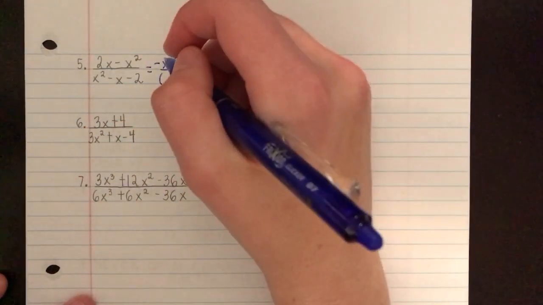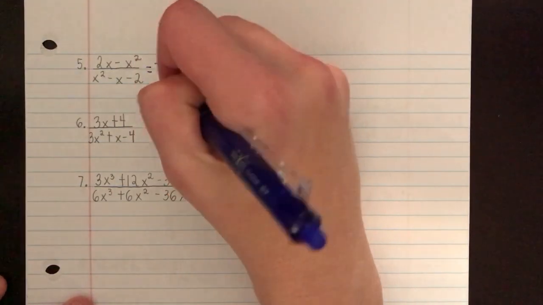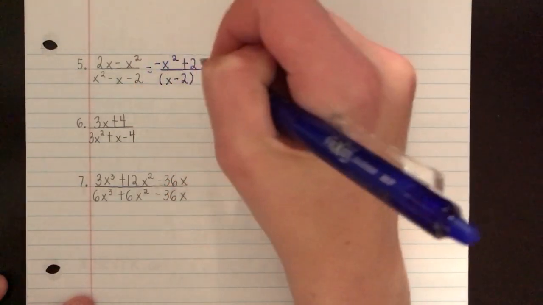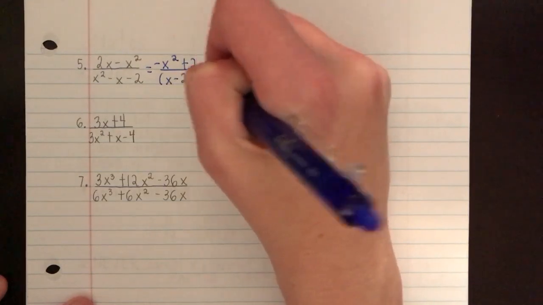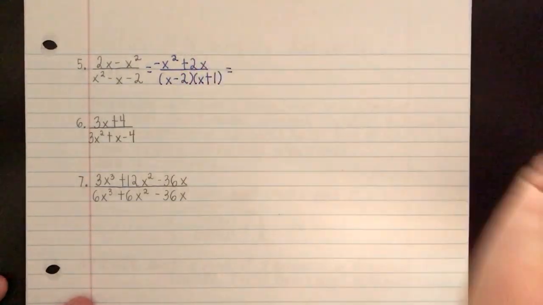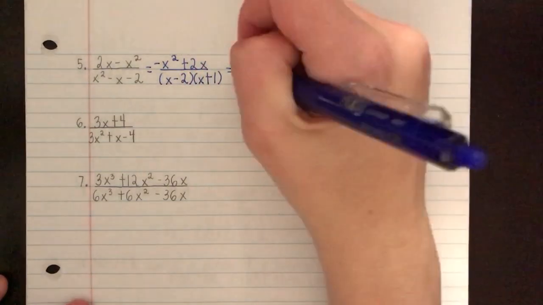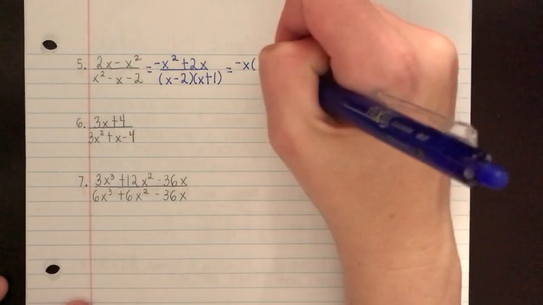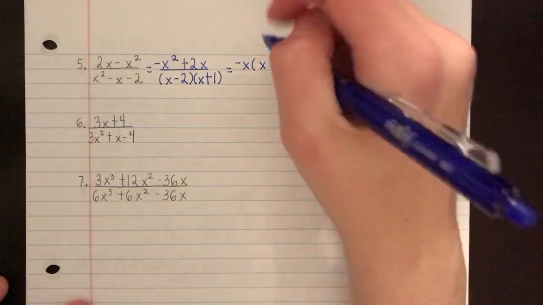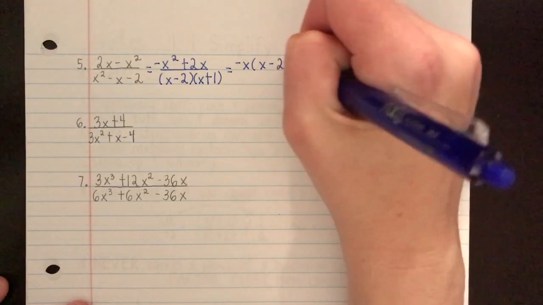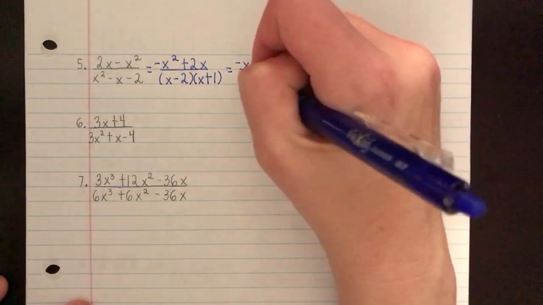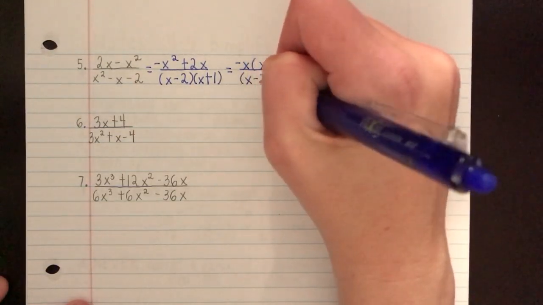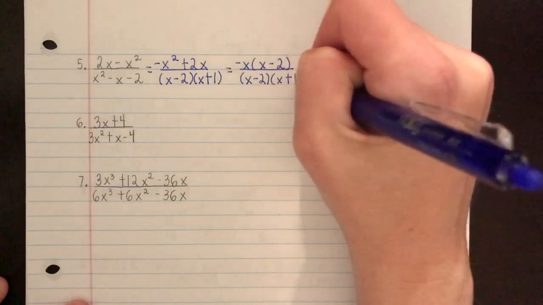That factors to, let's think about it, x minus 2, x plus 1. Okay, and then on top I have a lead negative and a GCF of x, which would leave me with x minus 2, which is good because you're probably already noticing that matches something on the bottom.